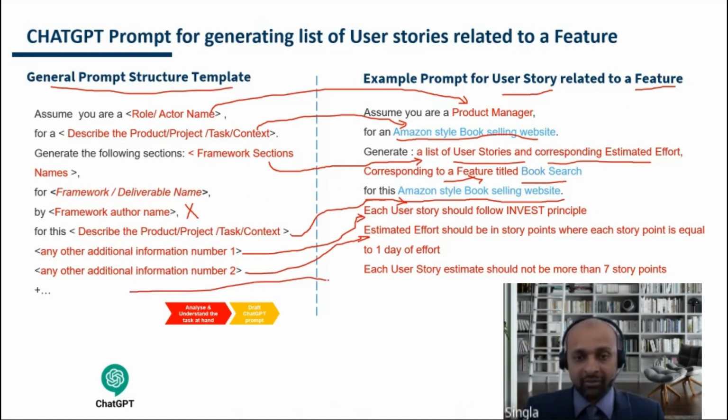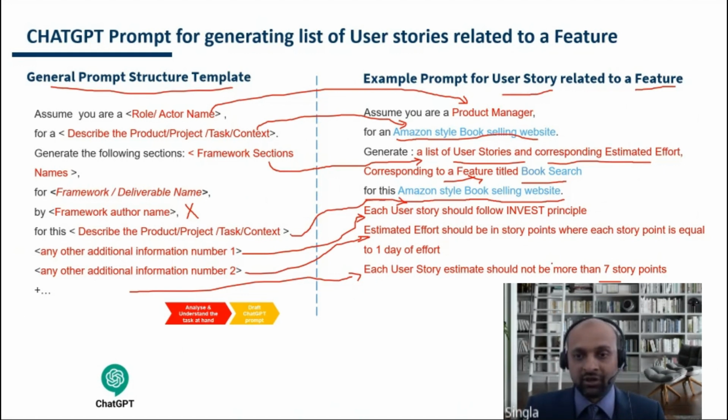Also, one additional parameter we have specified is that we don't want any story to be more than 7 story points. The reason is that we want to follow the principle that each story should fit within a sprint. And assuming it is a 2 week sprint, the maximum size by thumb rule which we can take in a sprint is 7 story points.